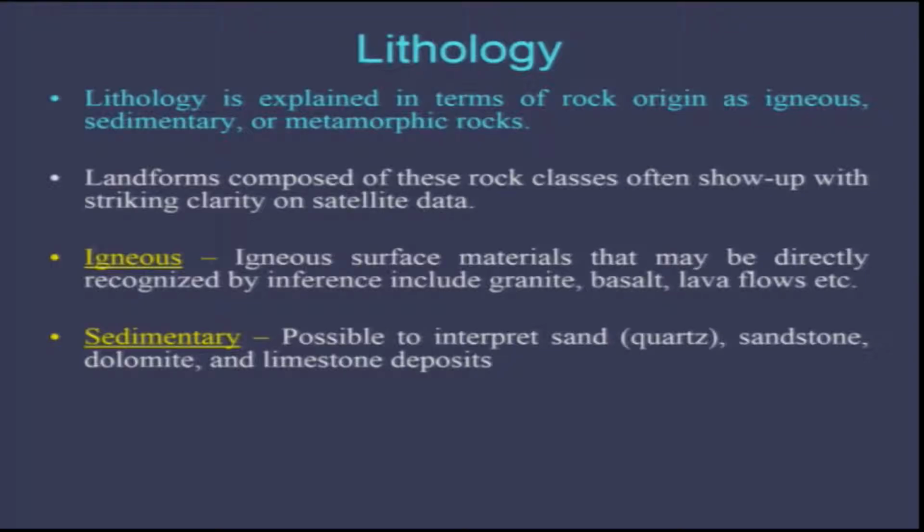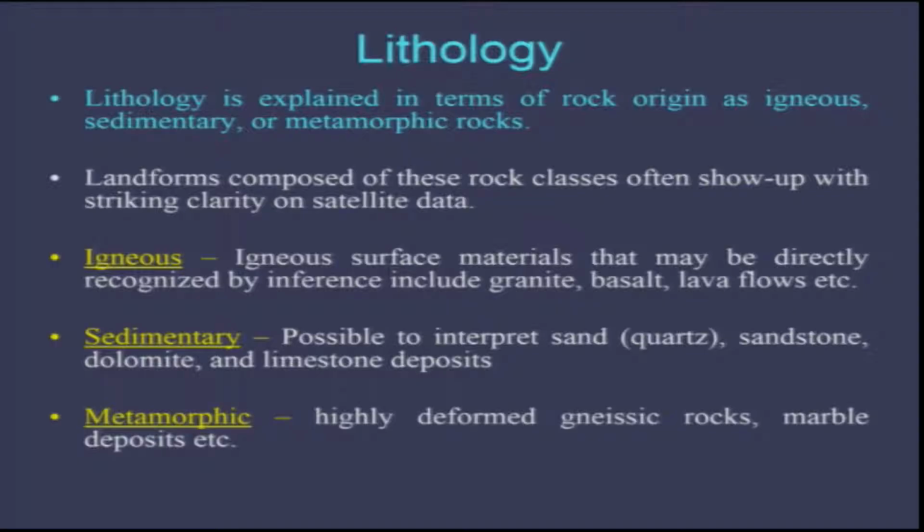Similarly in sedimentary sand, quartz will have very high reflectance. Sandstone is mostly comprised of quartz grains, and dolomite and limestone will have a different effect. For example, in limestone you will have karst topography, where you won't be able to go for any construction, and you will see big pothole type features. Those are the indications of that.